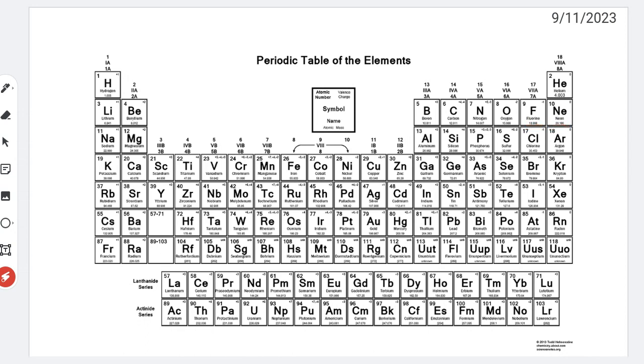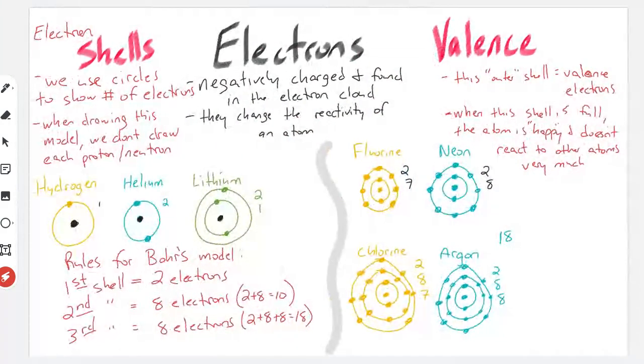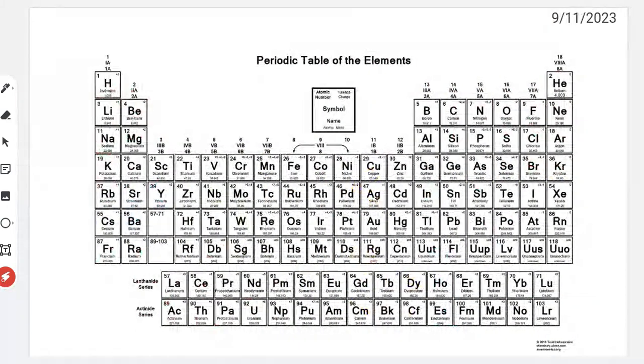It would be because of how their electrons are set up, what they have in their outer ring out here. Because of what they have in their outer ring, chlorine and fluorine both have almost a full electron shell. Because of that, they are very similar with each other, more so than fluorine is similar to neon. So you would think maybe fluorine and neon are similar, but they're not.